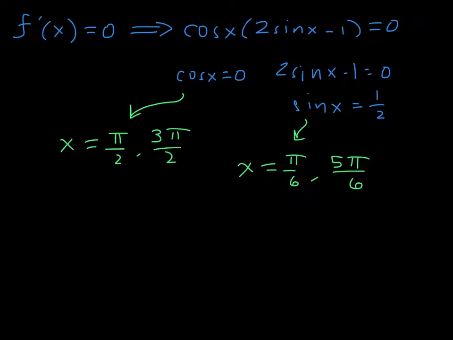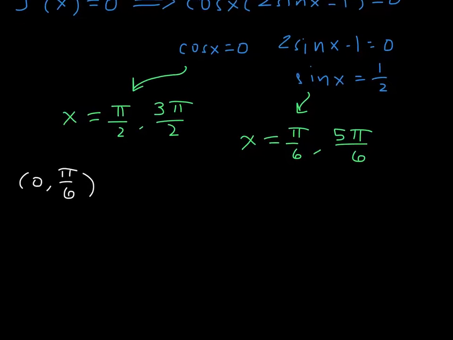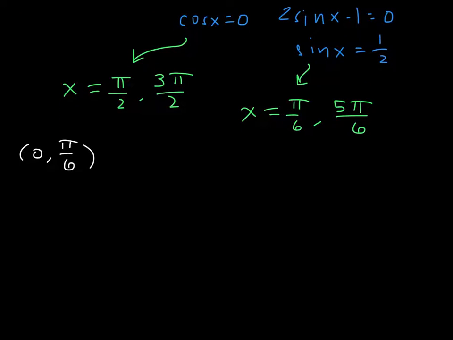The first interval is from 0 to pi over 6. This 0 is from the original interval, which they told us is from 0 to 2 pi. The next interval will be from pi over 6 to pi over 2.